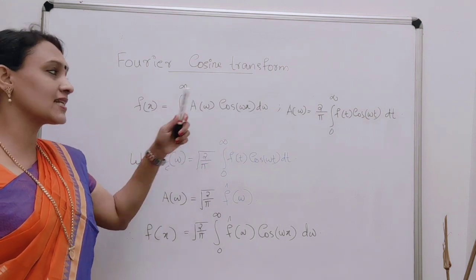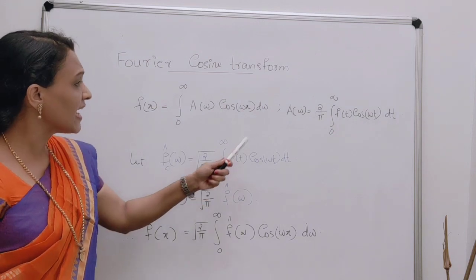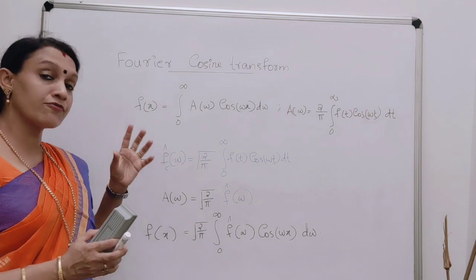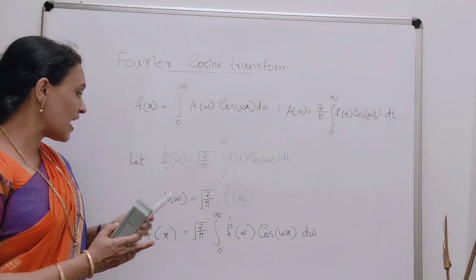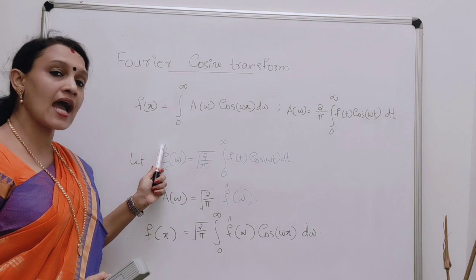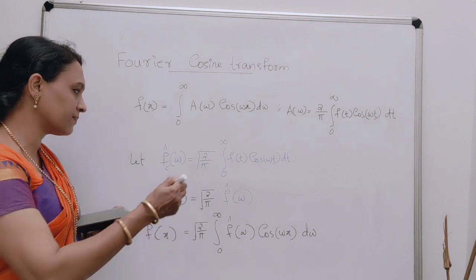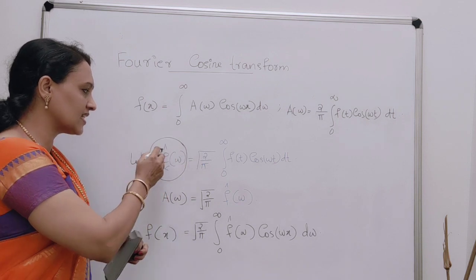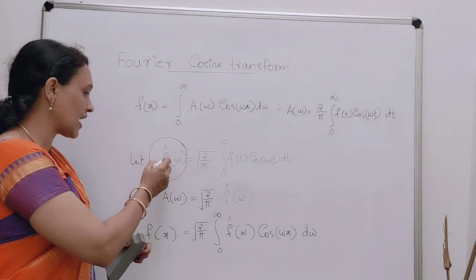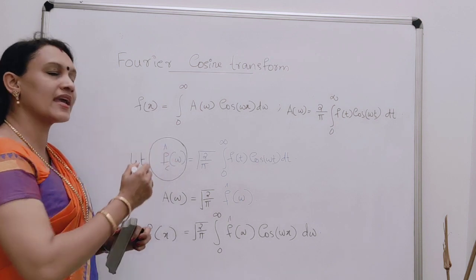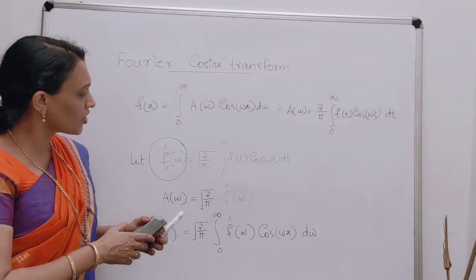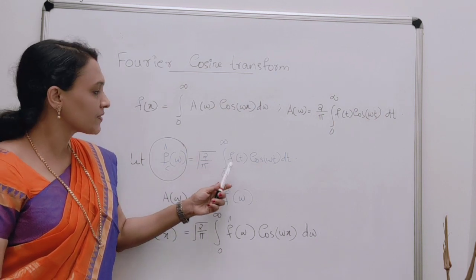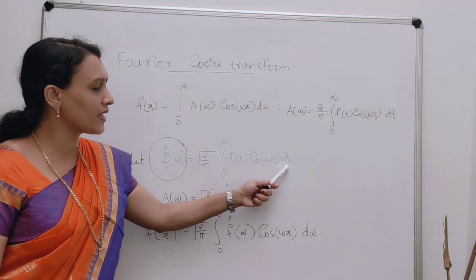Now, in this representation, we are setting a new notation, F c cap omega. See the notation? This is a new notation, F c cap. This symbol is the cap symbol. So F c cap omega is root of 2 by pi integral 0 to infinity f of t into cos omega t dt.